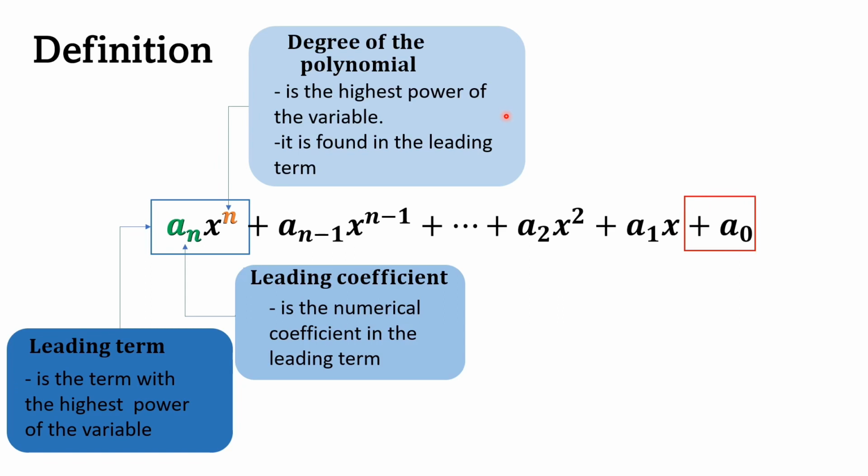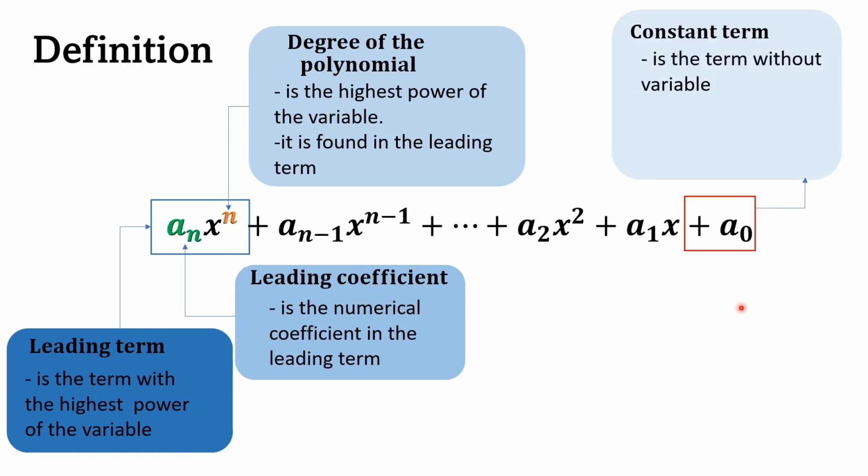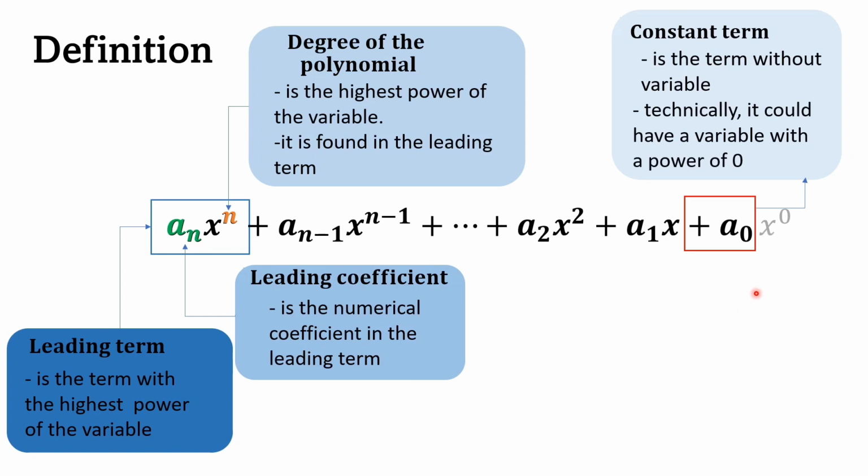And the constant term is the last term if the polynomial is in standard form, or in decreasing power of the variables. That is a sub 0. It is the term without a variable, though technically it can have a variable with the power of 0, so that is a sub 0 x raised to 0.